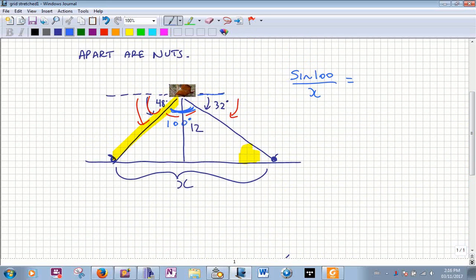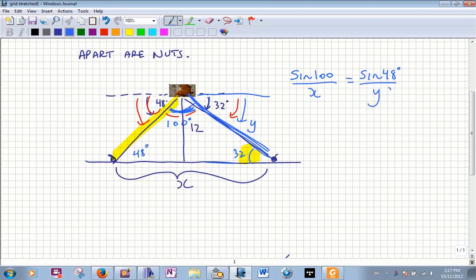Yeah, right? Because this is parallel with that, remember what I was just saying? This angle of depression is the same as that angle of elevation. And vice versa, this is also 48 degrees down here. Okay? So now I can go sine of 100 over x is equal to, which one do you want to pick? Doesn't matter, let's use 48. Sine of 48 over, but now I don't know this, do I? But how can I get that? Let's call this y. Okay, I got two unknowns.